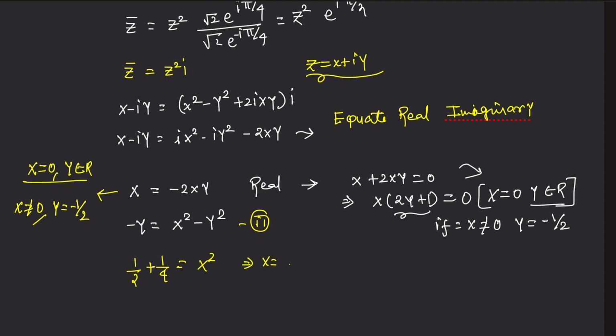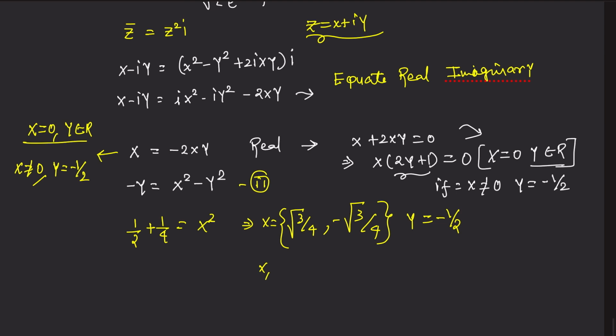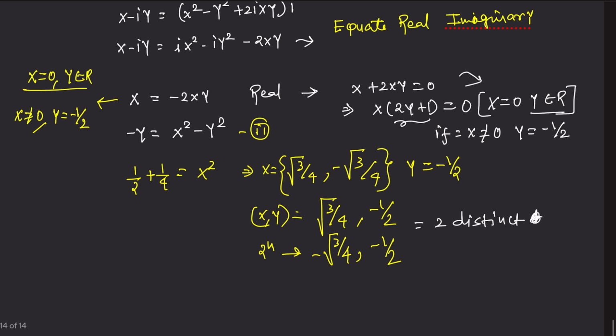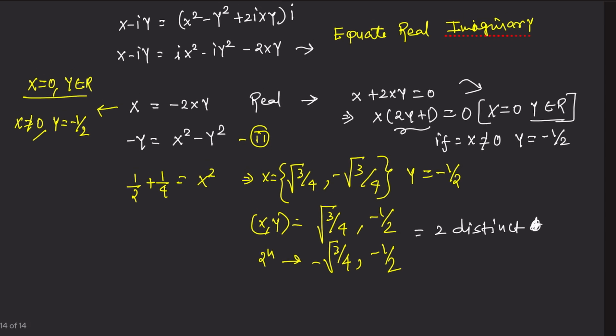So x will have two values, root 3/4 and minus root 3/4. For these two values of x, y will always be minus 1/2. So the x and y pairs are root 3/4 with minus 1/2, and minus root 3/4 with minus 1/2. So we got two distinct solutions till now.